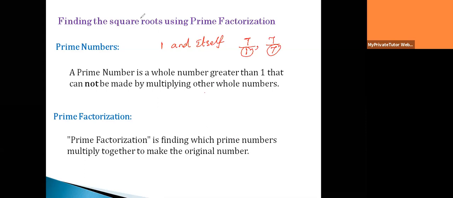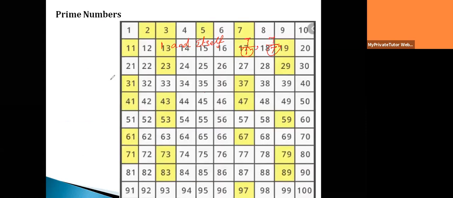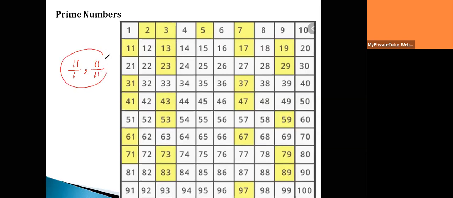What are the prime numbers? You might have that question. So take a look at the list of prime numbers. The yellow shaded ones are the prime numbers. 11 is divisible by 11 and by 1, so we can't divide 11 by any other number. That's why it's a prime number.